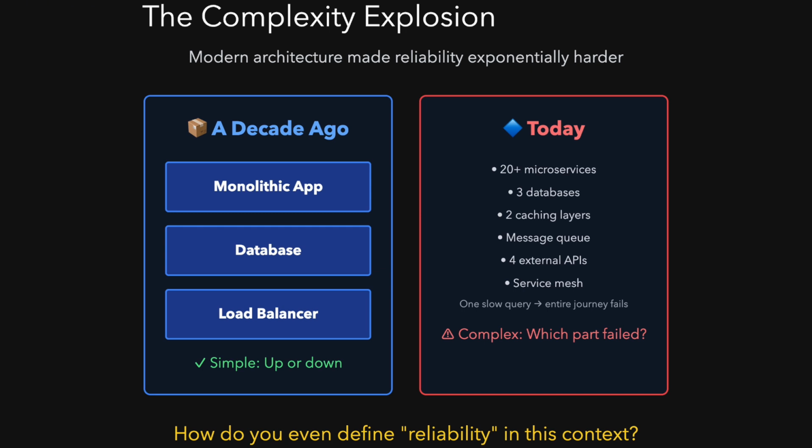One service has a slow database query, and suddenly your entire user journey fails. How do you even define reliability in this context? Is it reliable if service A is up but service B is down? What if service A is up but responds in 5 seconds instead of 50 milliseconds?